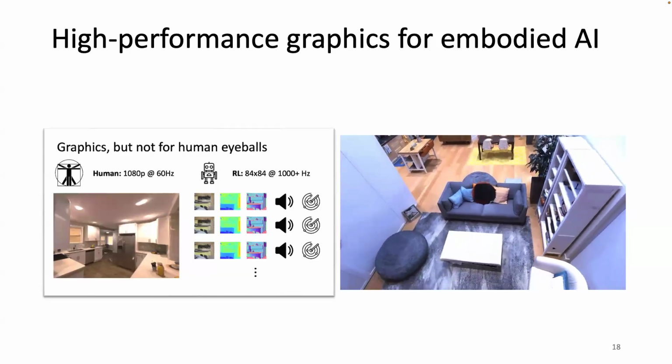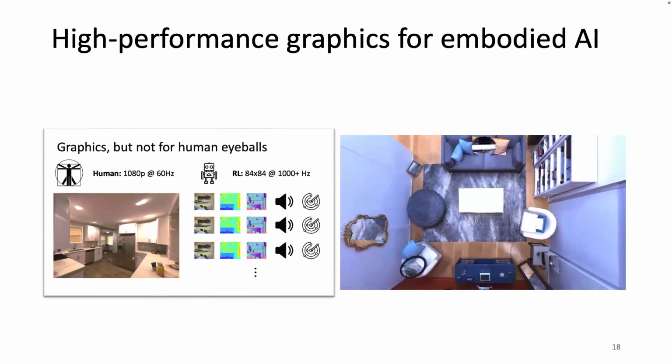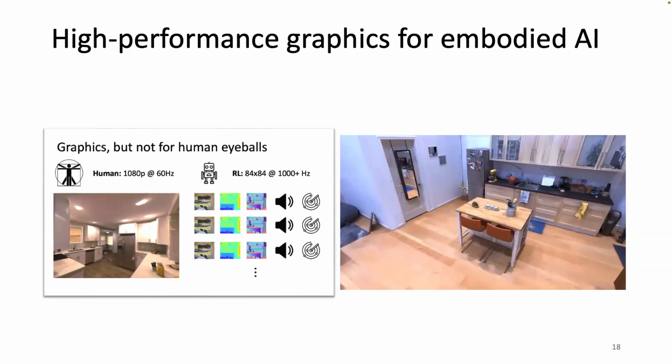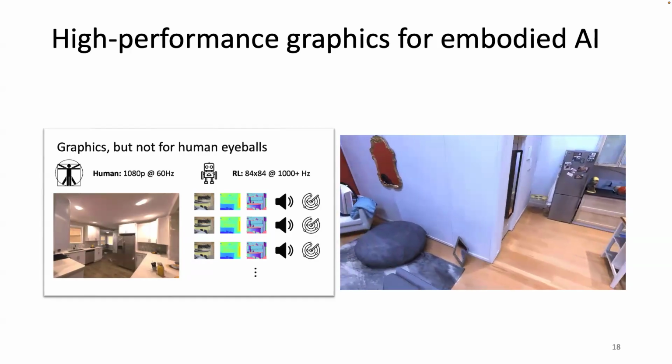Here you see an example of a scene, a pretty high quality, near photorealistic scene being rendered from one of these high performance graphics systems targeted specifically to embodied AI.